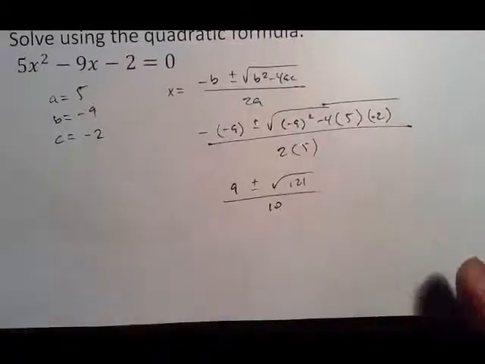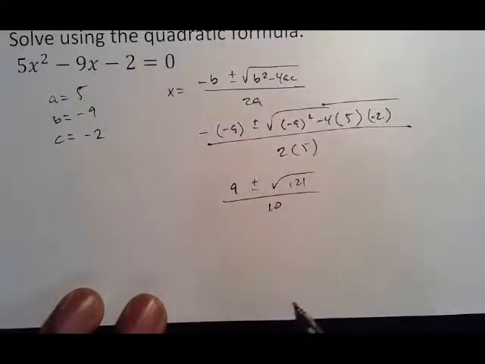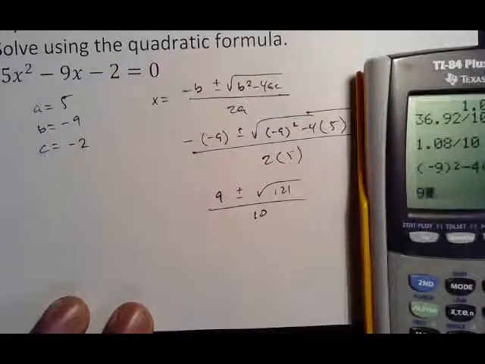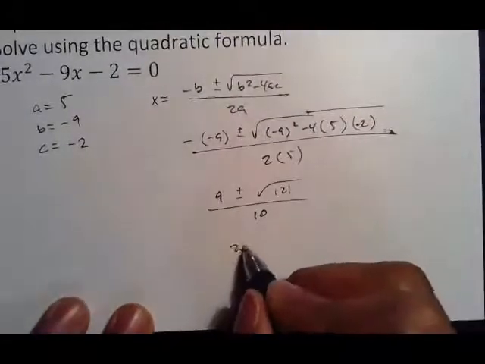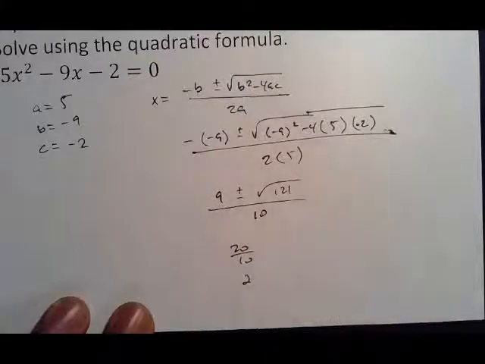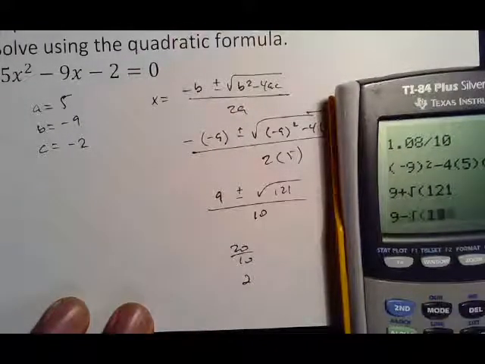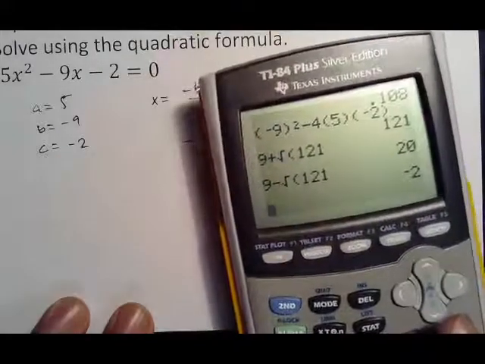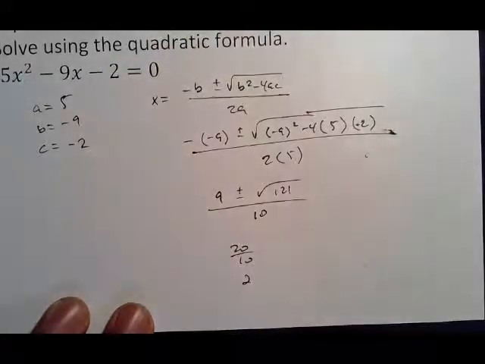You can do exactly what we did yesterday, which is type in the top, 9 plus square root 121 equals, except because you don't need to do that on the computer, you can just simplify this to be 2. And then you can do 9 minus square root 121 equals, and then divide that by 10, and you get negative 0.2.